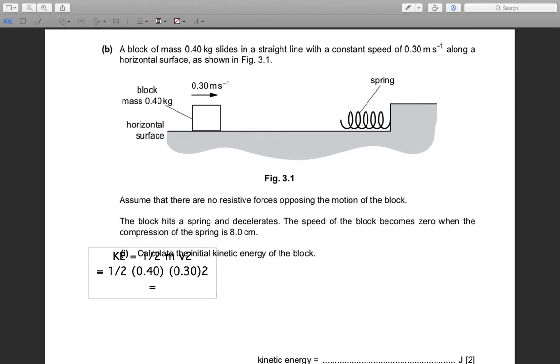If we calculate, we get kinetic energy around 0.018 joules. Yes, this is the answer to this question.